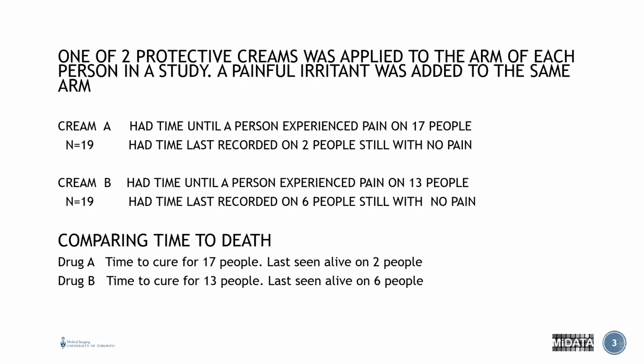How about another example? Let's talk about survival. If we're comparing time to death based on 2 drugs for cure, for drug A, we had time to cure for 17 people, but 2 people were still alive at the time of last recording, and for drug B, we had cure for 13 people, but at the time of last recording, we had 6 people still alive.